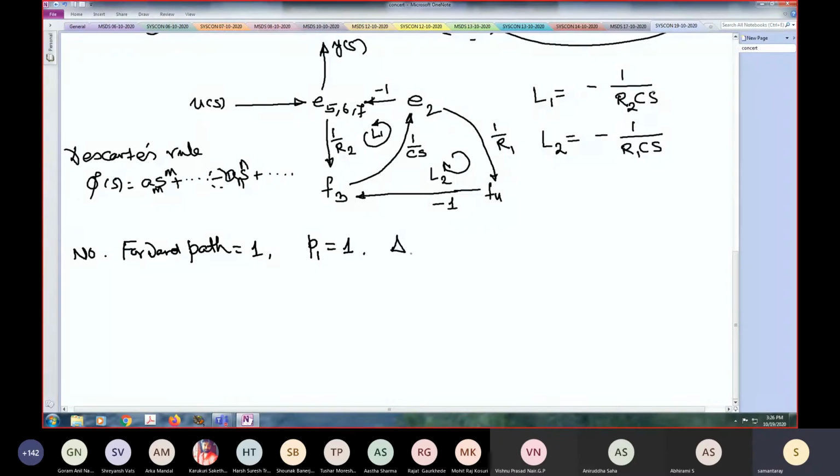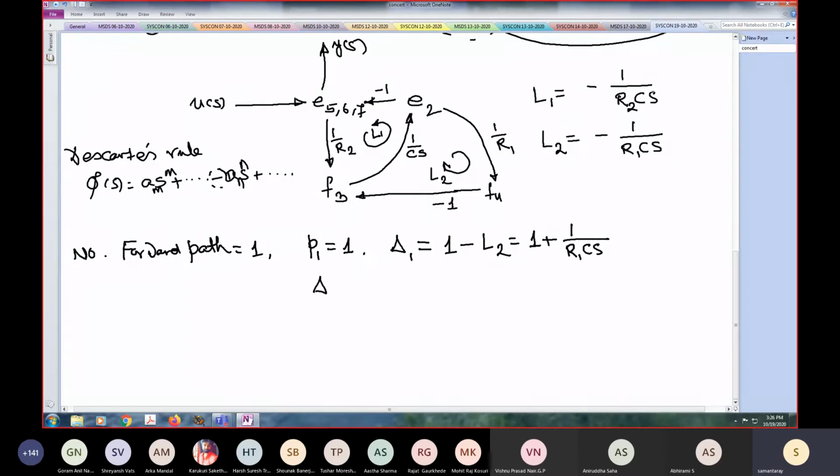Now delta 1: once we remove P1, this E5 will go, but the L2 will remain. So delta 1 will be 1 minus L2, that is 1 plus 1 by R1 CS.